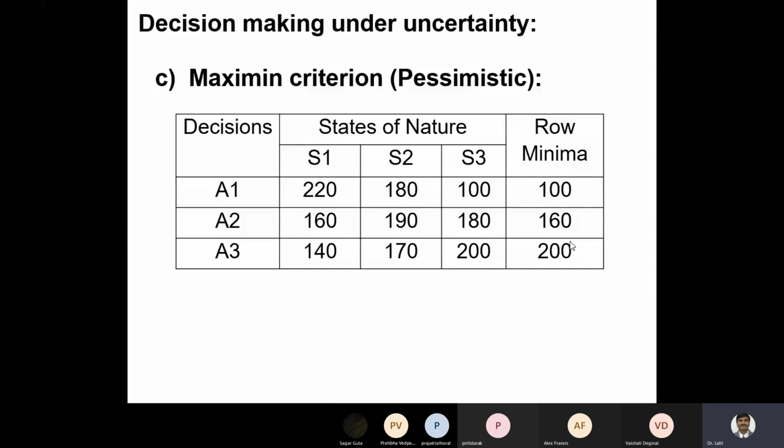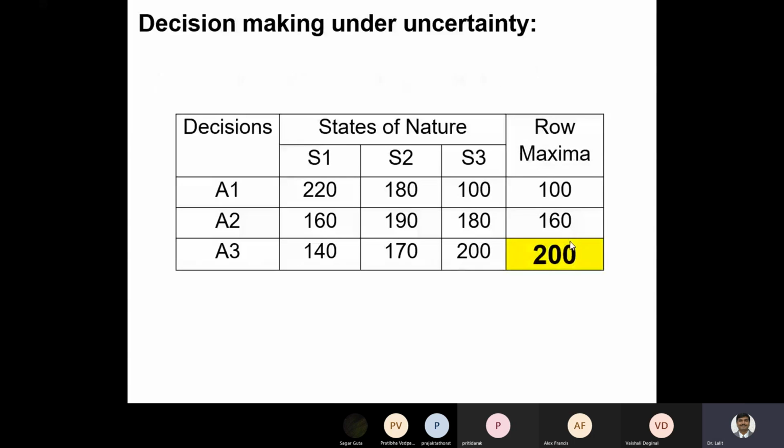In this approach, first we determine row minima, and from the row minima, we choose the action associated with the maximum row minimum.